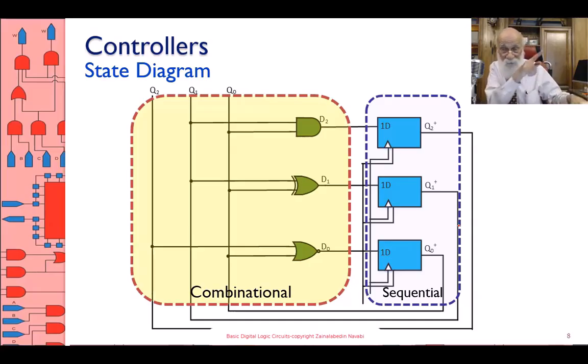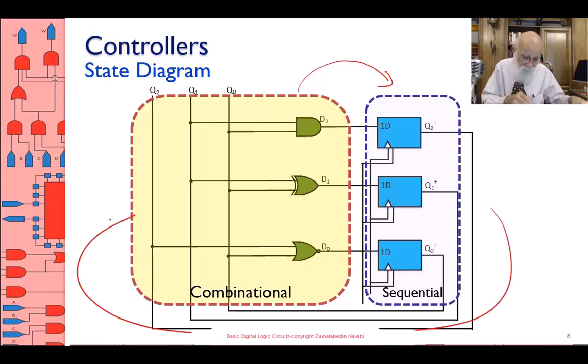Eventually, when I design by hand, I will come up with several flip-flops, a combinational circuit, and then a feedback from the combinational into flip-flops, and then from flip-flops back into the combinational part, right? And then when I'm describing the Verilog, even though I'm not doing this manually, I will still follow this procedure.